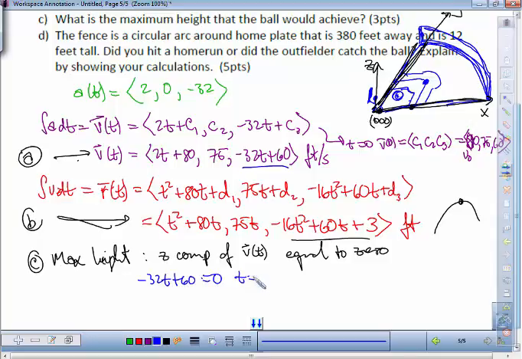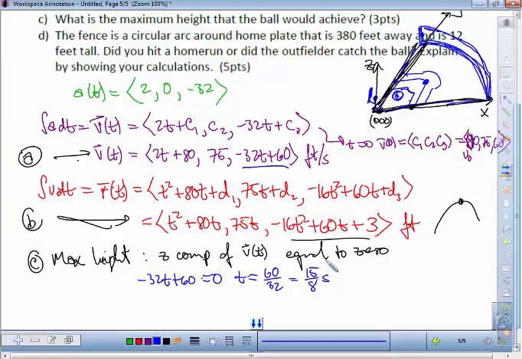T is equal to 60 over 32. I was going to try to reduce that, but it got too hard. Oh, there we go. So that's the time. That's how many seconds it takes for the ball to reach the maximum height.